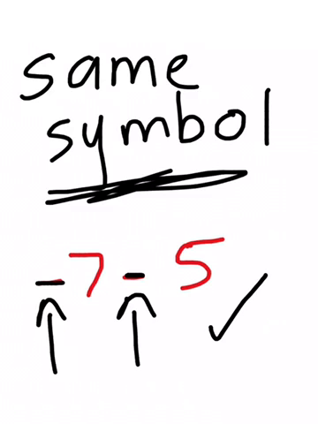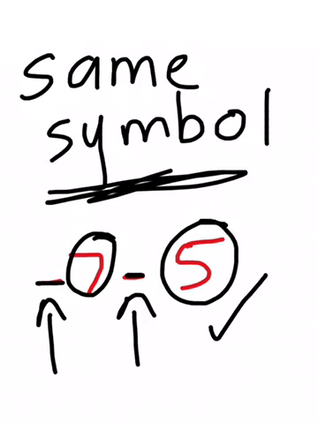So the rule that we use to make it a little bit easier is we add the two numbers, just the 7 and the 5, and we keep the symbol that is the same. So 7 plus 5 gives me 12, and I keep that same symbol, so it's -12. So if we wanted to check with our number line, we can.